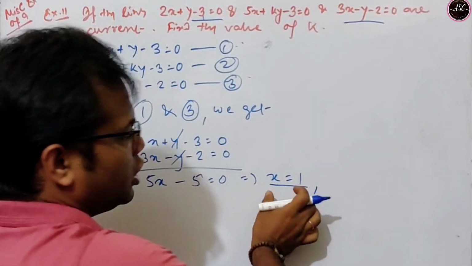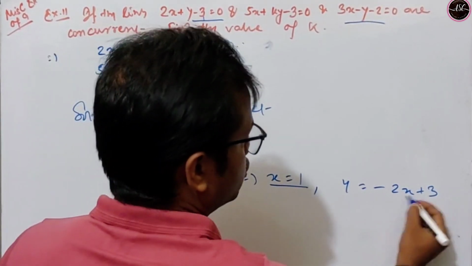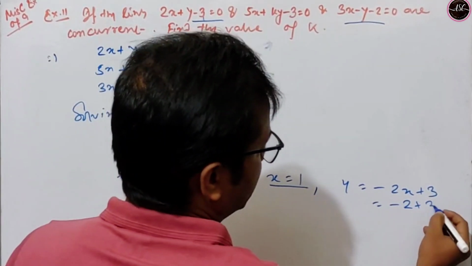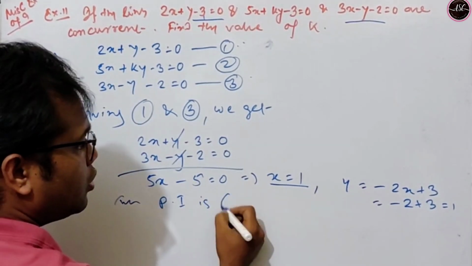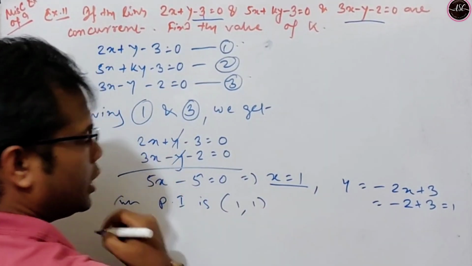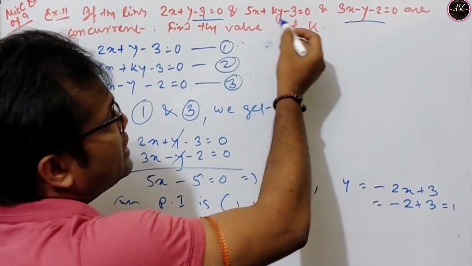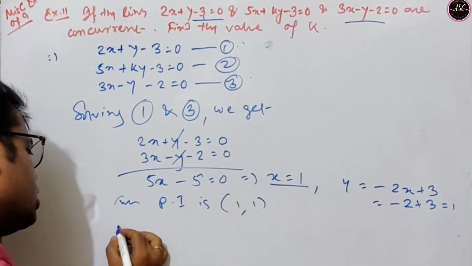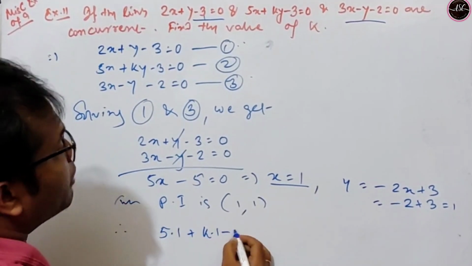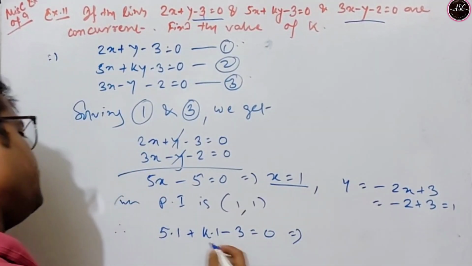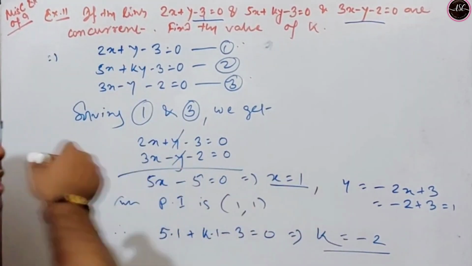Now putting the value of x in 1 we get y equal to minus 2x plus 3, so minus 2 plus 3, that means 1. So the point of intersection is 1, 1. As these three lines are concurrent, this line should pass through this point. Therefore 5 into 1 plus k into 1 minus 3 equal to 0, or k equal to minus 2. This is the value of k.